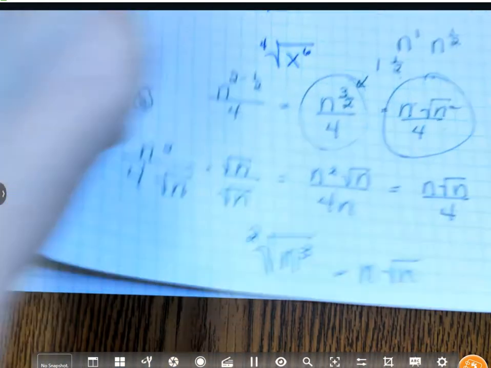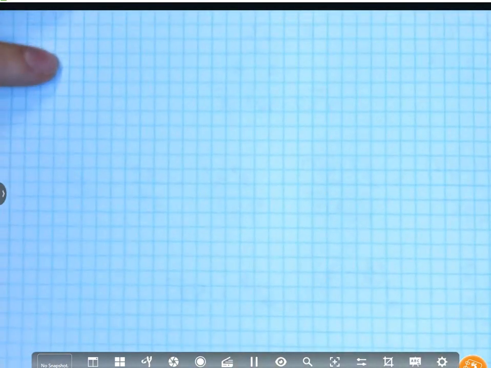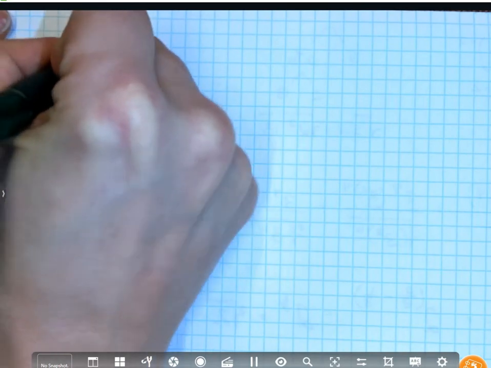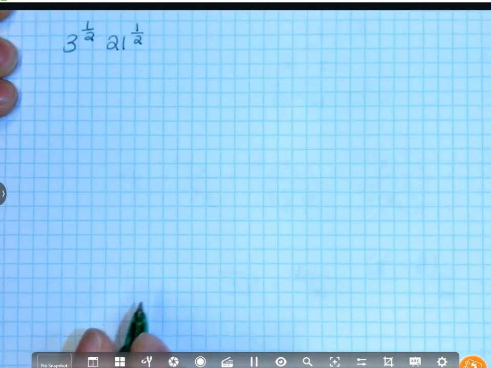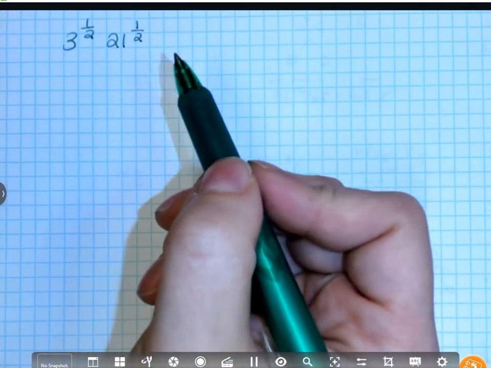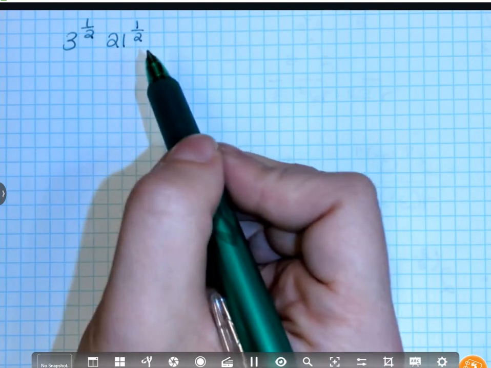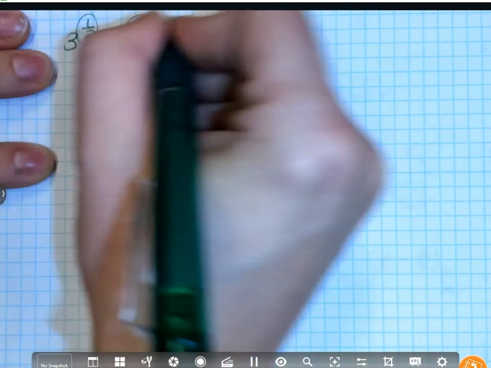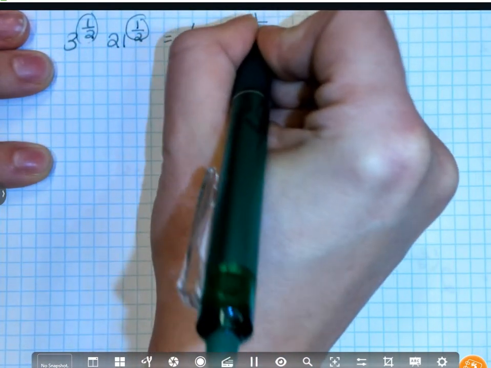Number 3 is deceptively easy. Deceptive because it looks like it's going to be hard. And you have 21 to the 1/2. 3 doesn't have a square root. 21 is 7 times 3. It doesn't have a square root. But because these both are to the same power, this is like saying 3 times 21 to the 1/2.